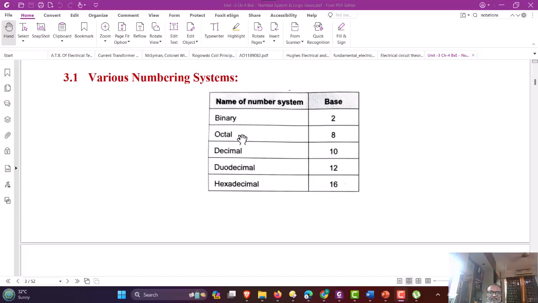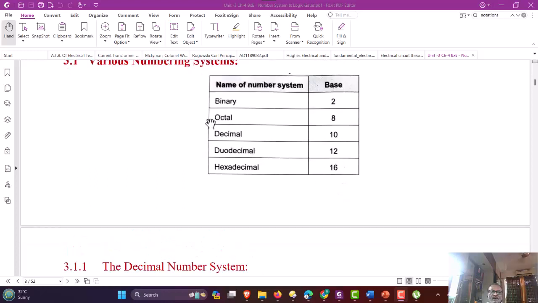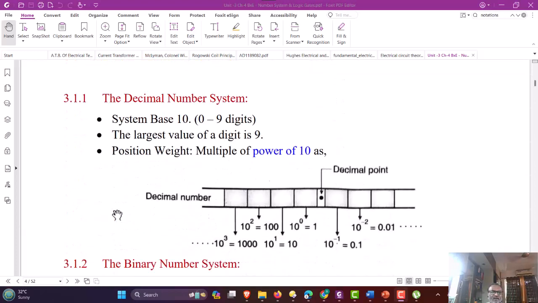The octal number system has the base value of 8. The decimal number system has the base value of 10. The duodecimal system has the base value of 12. The hexadecimal system has the base value of 16, meaning in the hexadecimal system, the total number of symbols used to represent any number is 16. Out of these, the binary system, decimal system and hexadecimal system are quite popular.